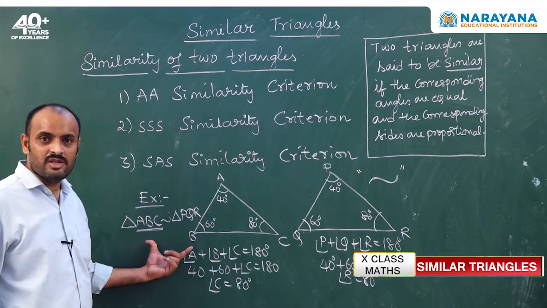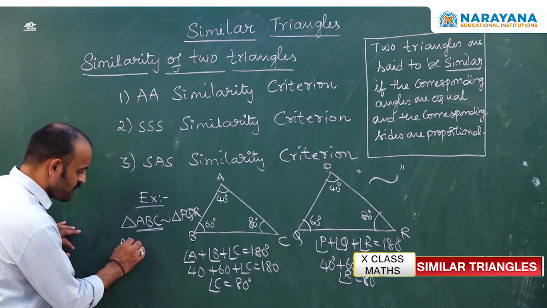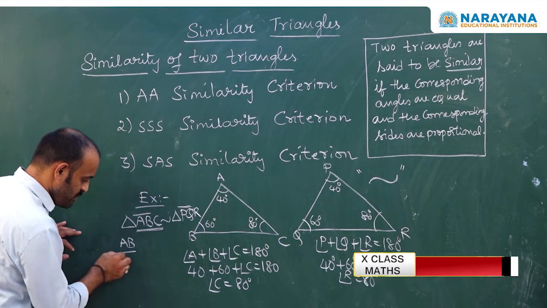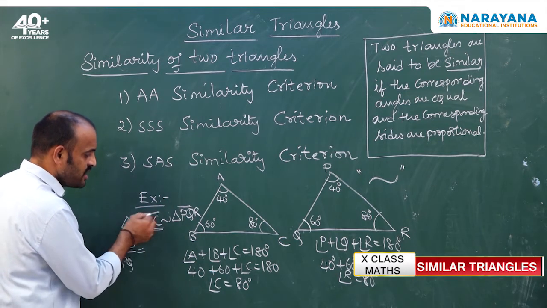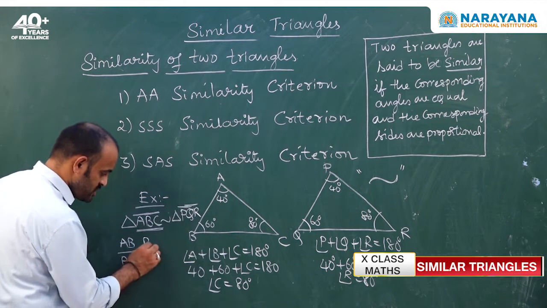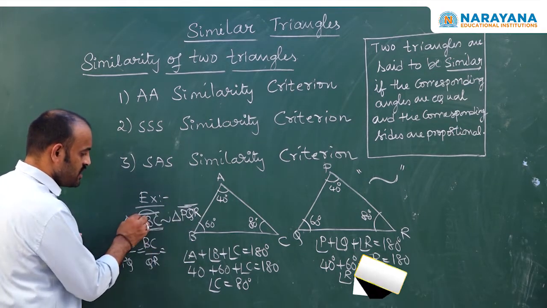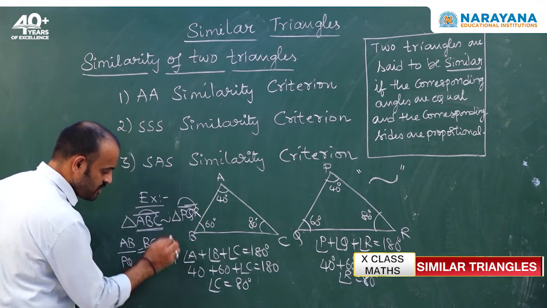Once the triangles are similar, the ratio of the corresponding sides are equal. What are the corresponding sides? AB, PQ, AB by PQ is equal to, next BC, QR, BC by QR is equals to CA, RP, CA by RP.